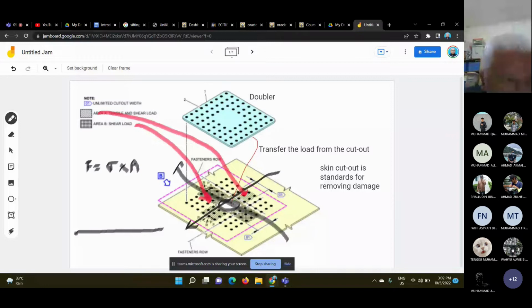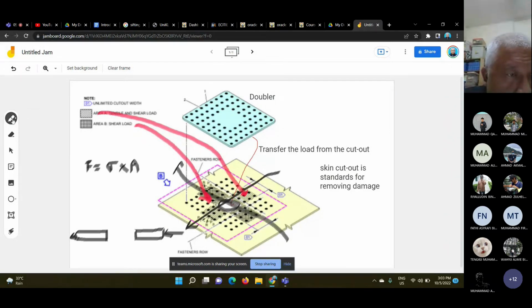Okay, this is skin. So the skin can carry the load, no problem. Once you remove the area here, now it cannot carry anything. There's nothing there.